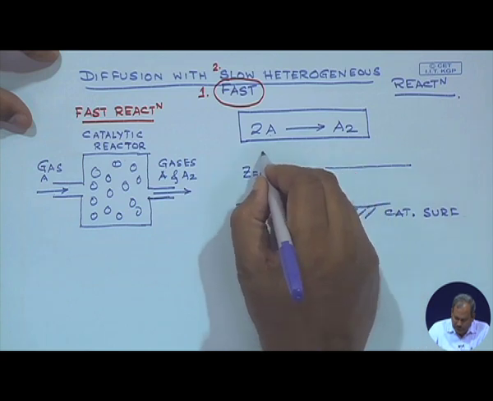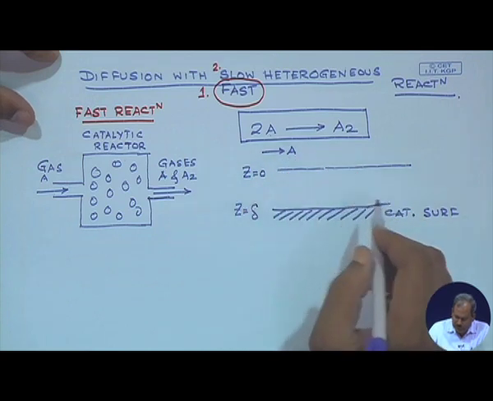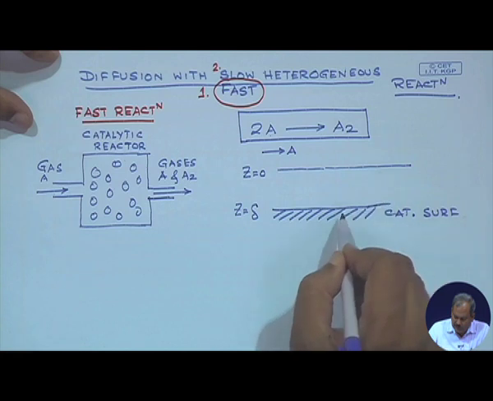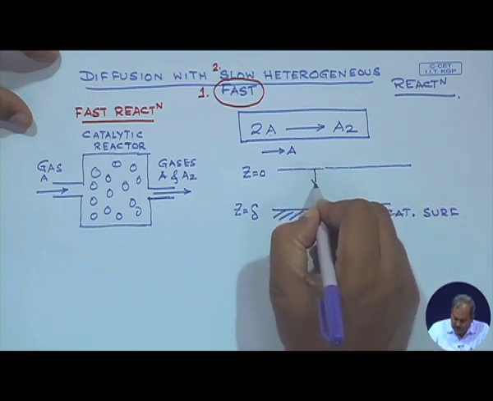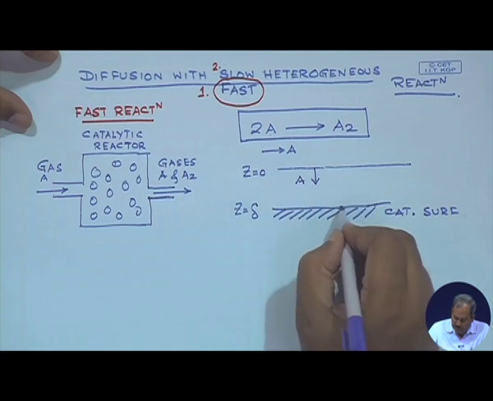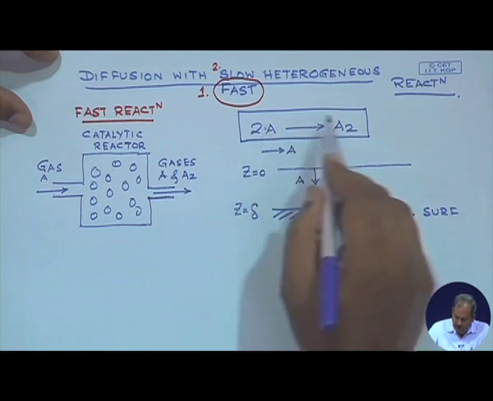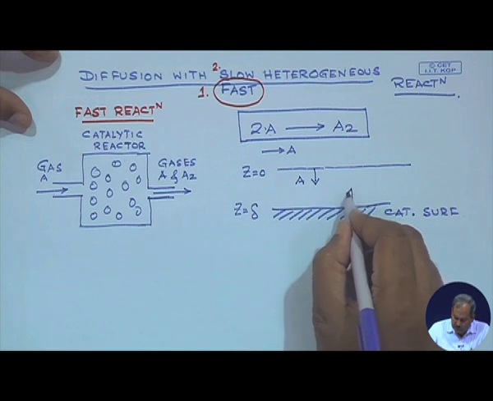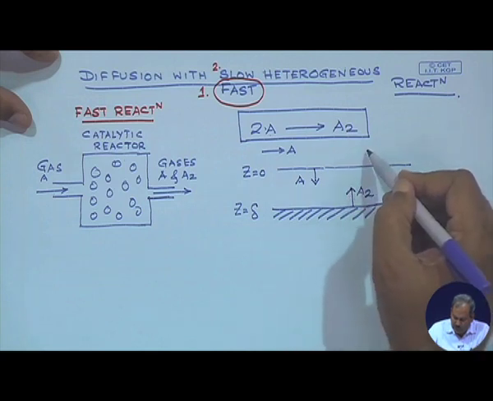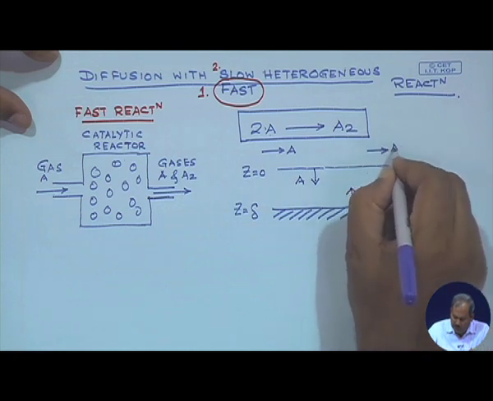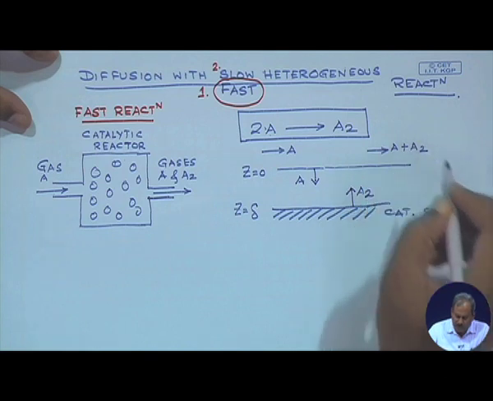A molecules are moving over this stagnant film that surrounds the catalyst surface. A starts diffusing in this direction, the reaction from A to A2 takes place on the surface, and A2 starts diffusing back towards the bulk stream of the gas mixture. So, here you have A plus A2.